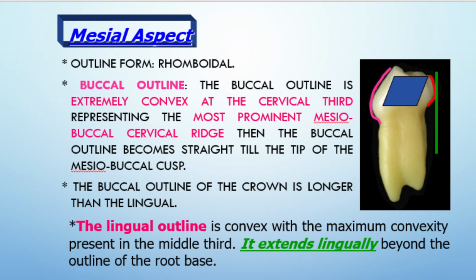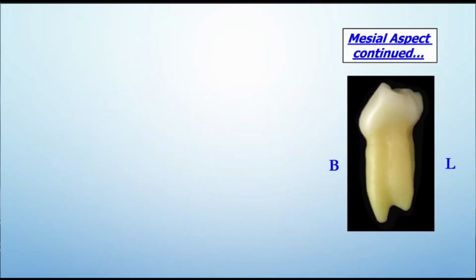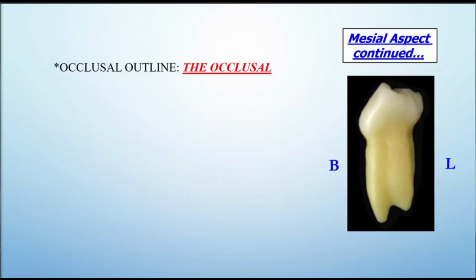The lingual outline is convex, with the maximum convexity in the middle part. It extends lingually beyond the outline of the root. You see here, this is the root, and the maximum convexity, the height of contour on the lingual side, is beyond the root line, outside of the root boundary.